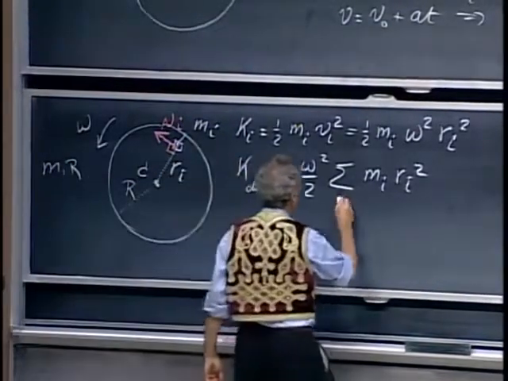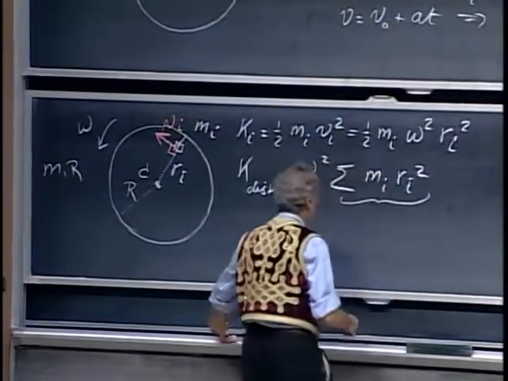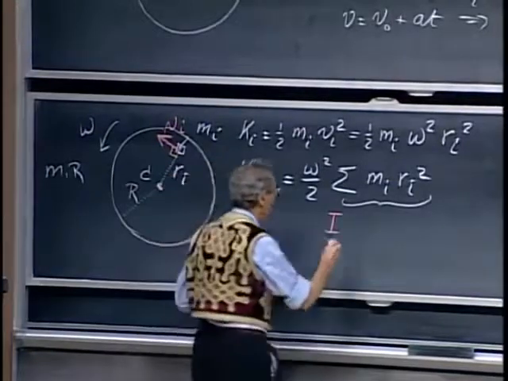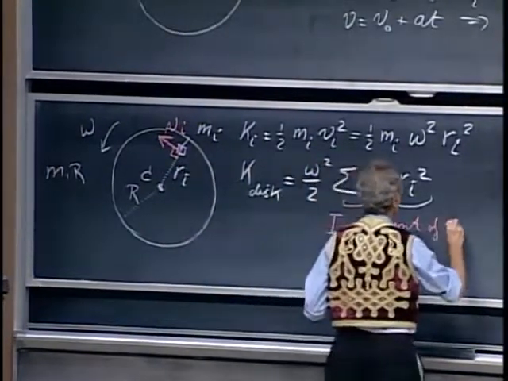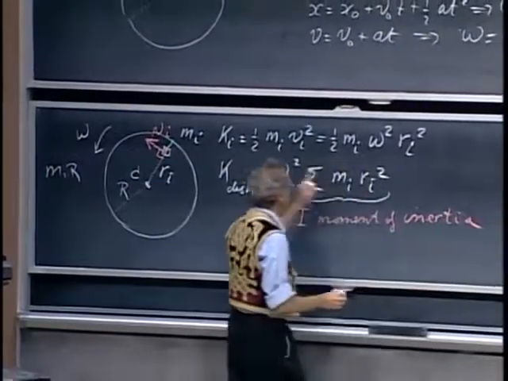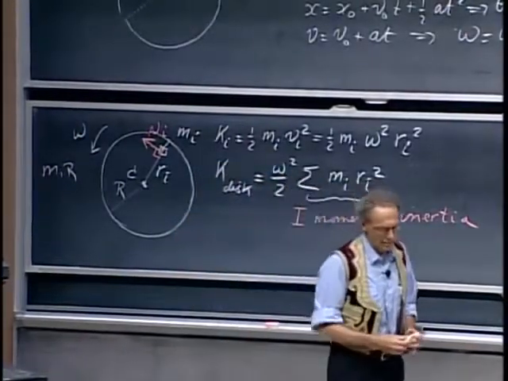And this now is what we call the moment of inertia I. Don't confuse that with impulse, it has nothing to do with impulse. This is moment of inertia. So the moment of inertia is the sum of m_i r_i squared.